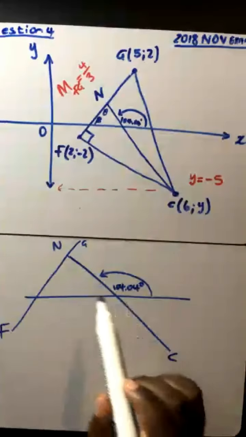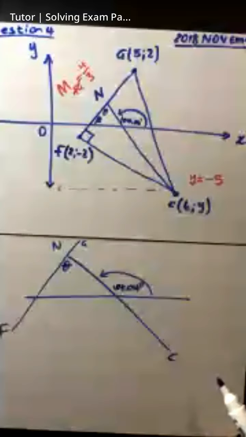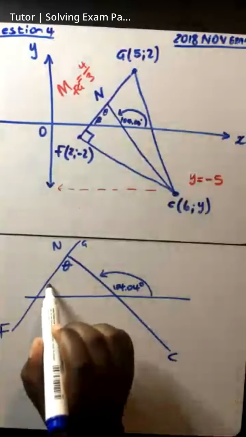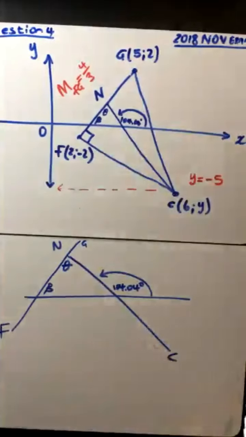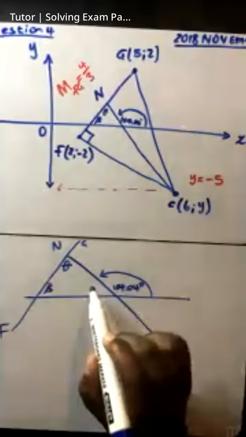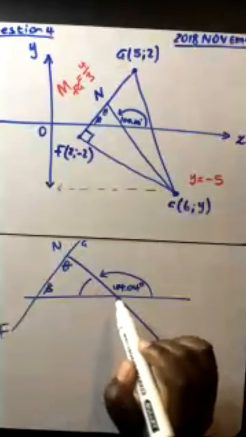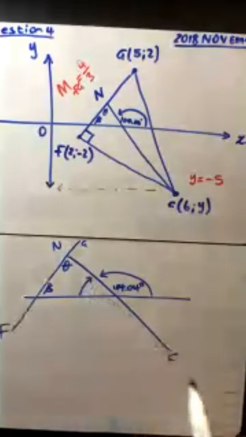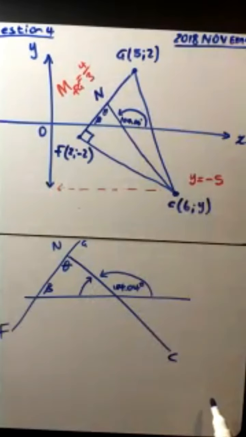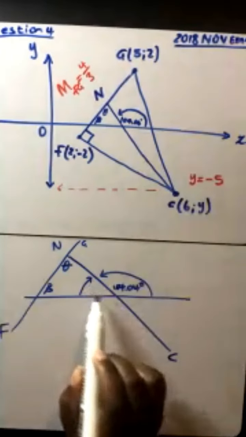The angle they want you to calculate is angle theta, taking into consideration that you still have angle beta. Ladies and gentlemen, are you able to find that angle? Is there someone who has an idea of how we can find that angle?